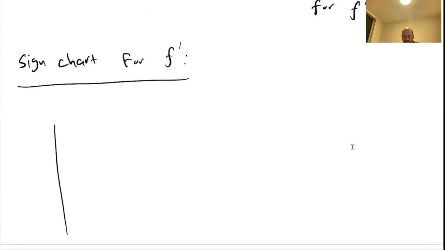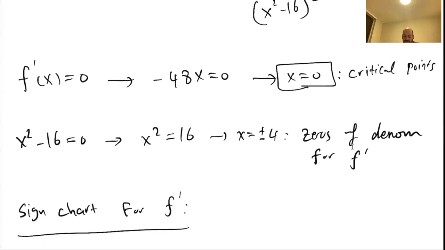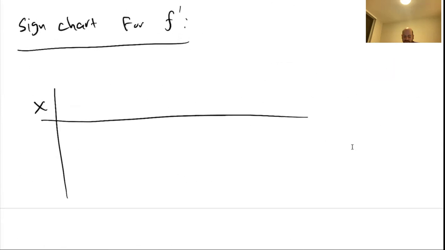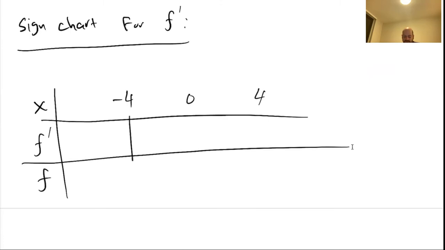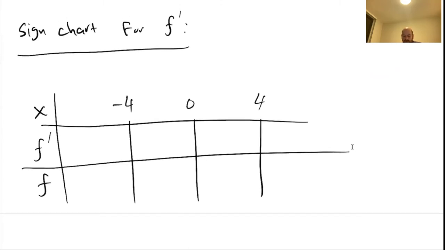Now let's use the sign chart for f prime. We have the x values here. We have to list them in order. I have -4 and 4 and 0. So in order, I have -4, that's the smallest one, then 0, then 4, and then f prime here, f here. f prime and f are both undefined at -4 and 4 because these are the zeros of the denominator for both f prime and f.